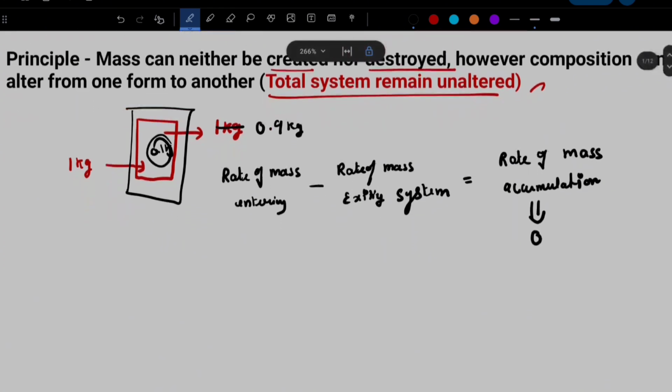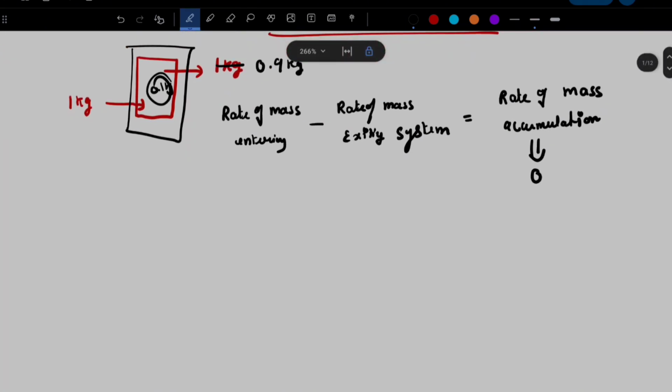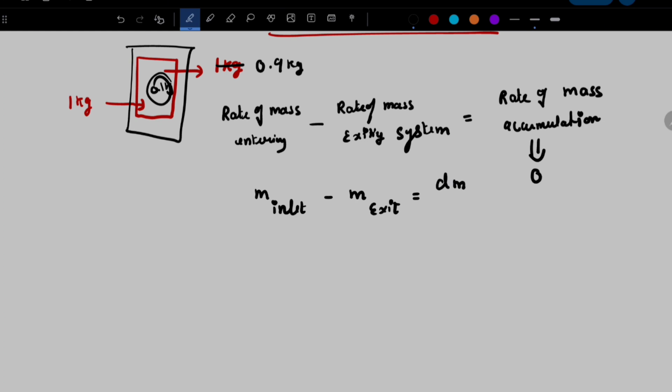Okay, so to make this in the form of an equation, I can say m inlet minus m exit is equal to the mass accumulated in the system, right? But that is a very small mass. As you can see, it is very, very small.